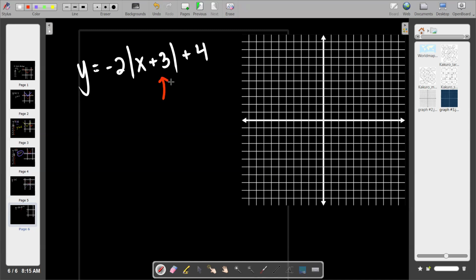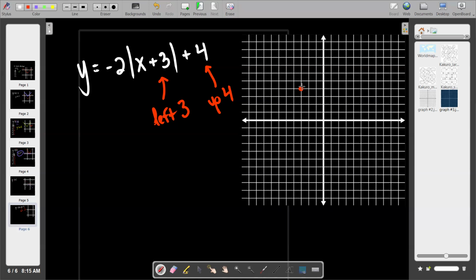This one, you guys all know, is a leftward motion of 3. You also know that this number is an upward motion of 4. So I'm going to begin by just finding my home base. That's like job one, is go find your new home. So I'm going to start from the vertex, the origin, and I'm going to go left 1, 2, 3, and up 1, 2, 3, 4. And I'm going to say, okay, my V, or whatever you call that, it starts from there.